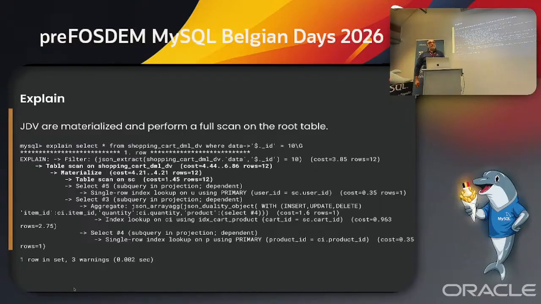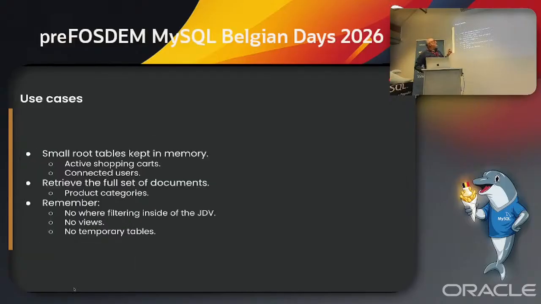What this means is that even if we filter, it will scan completely the base table. And this explains why I think the use case is limited currently with this version, because I expect this to be fixed and somehow be able to push down conditions before the materialization.